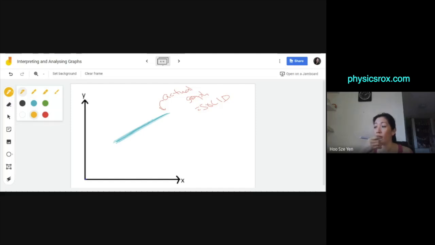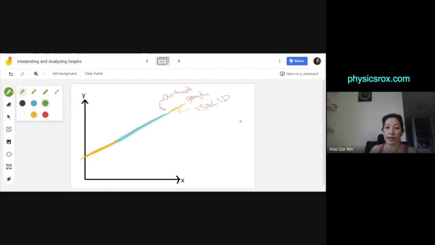Actually, if you extrapolate and you extend outside, it's still considered part of the graph because it is still fulfilling the results of the experiment you conducted. So even though you feel weird, an extrapolation is still part of your graph. So you still draw it solid because it is part of the graph.